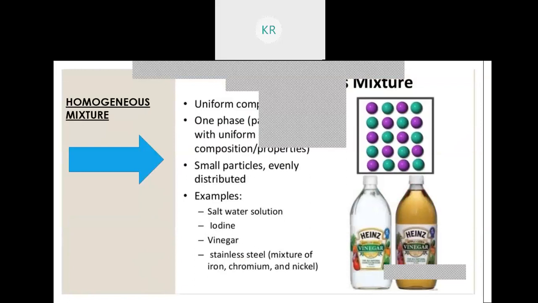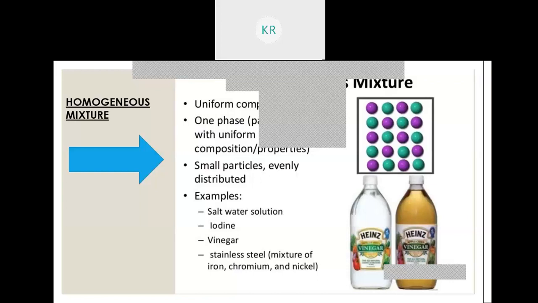A homogeneous mixture is a mixture in which all its components are evenly distributed throughout the mixture. In this kind of mixture, the components are evenly distributed.